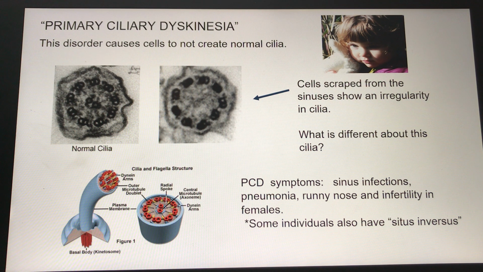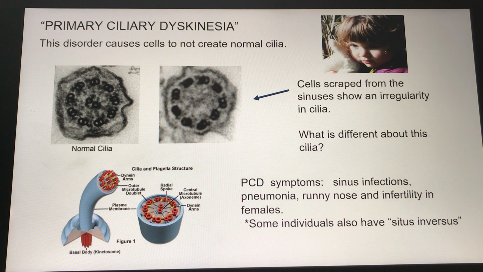So if it is mutated, and there can be different mutations, of course, it's not going to have the proteins arranged in a normal fashion. It's going to be abnormal, and then these cilia cannot function properly. They're not moving as they're supposed to be moving. So individuals that have PCD are more prone to sinus infections, pneumonia, and runny nose.